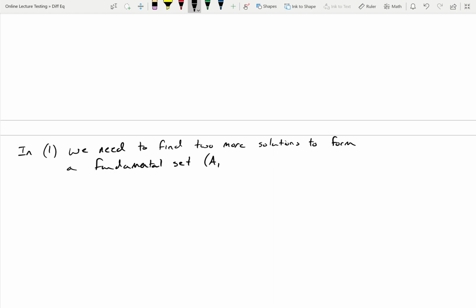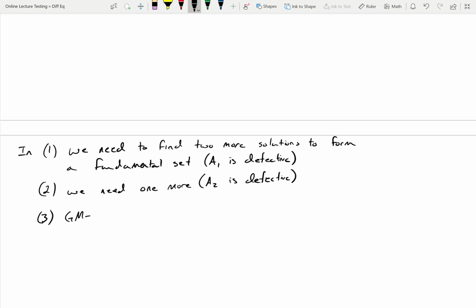So A1 is defective. Number 2, we need 1 more, so A2 is still defective. Even though it's just missing 1, it's still defective. And number 3, so A3, the GM is equal to the AM. So again, I'm going to write that too: GM strictly less than AM for the defective ones.